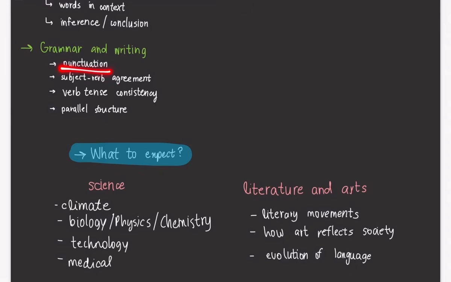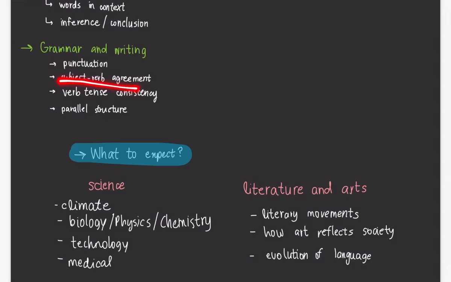This can include questions on punctuation, about the proper placement of a comma or a semicolon, or about the proper usage of a transition word, where to put this colon or the semicolon around the transition word. So these are proper questions about the punctuation part.